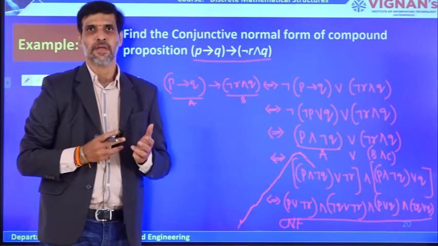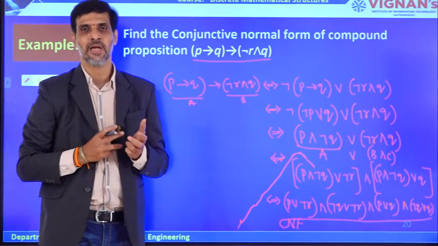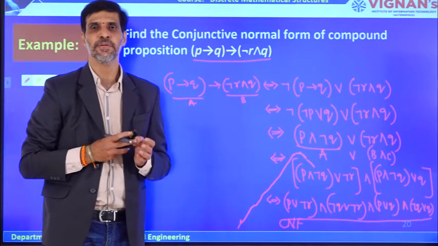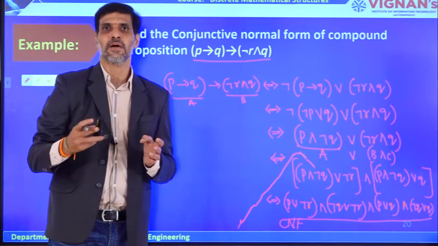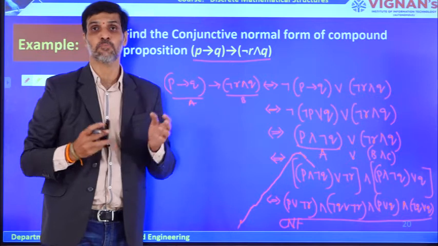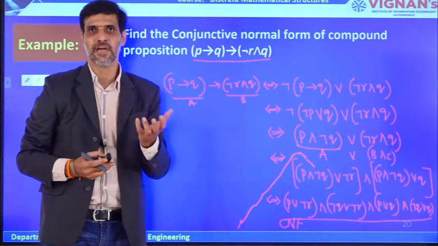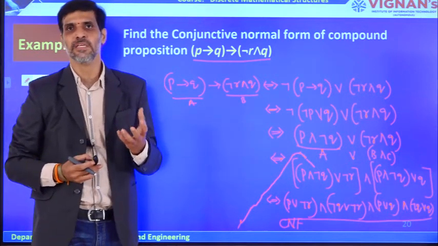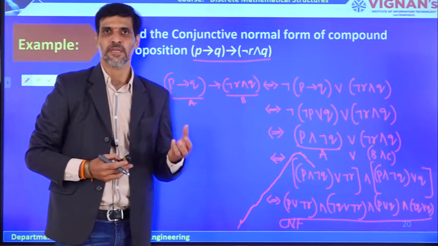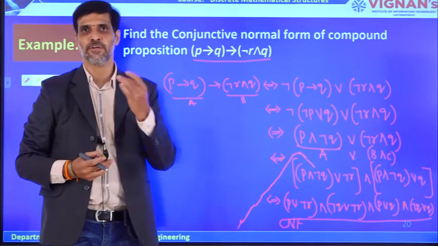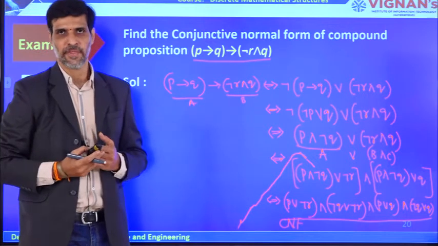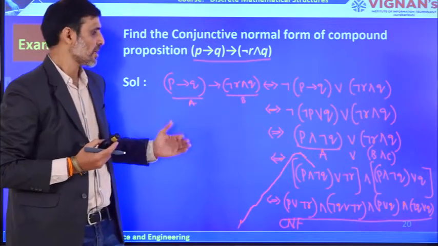Identity law, commutative law, associative law, De Morgan's law, distributive law, contrapositive law, double negation law, absorption law. These are the different laws which we discussed. All these laws play a very important role while converting the given compound proposition into the form of either DNF or CNF. So this is the procedure.